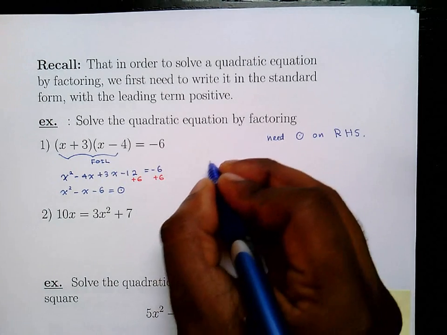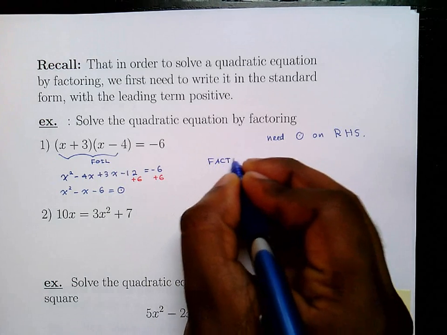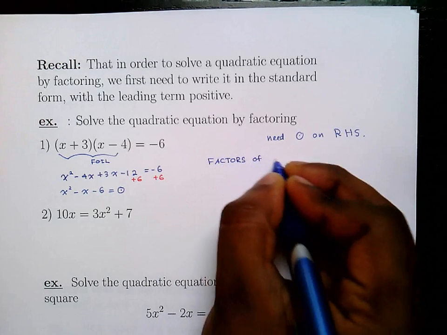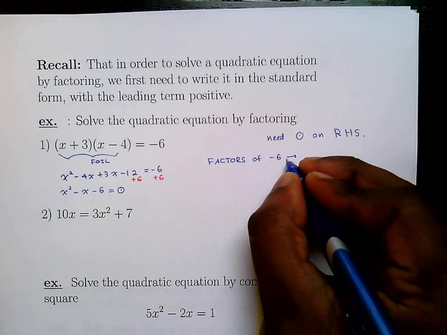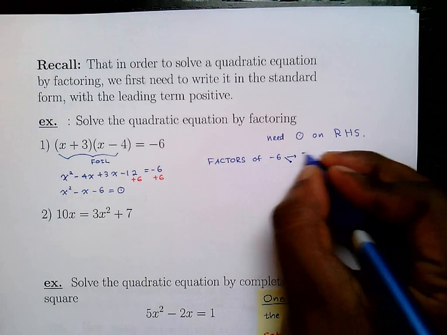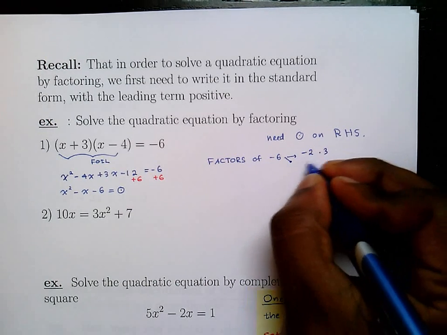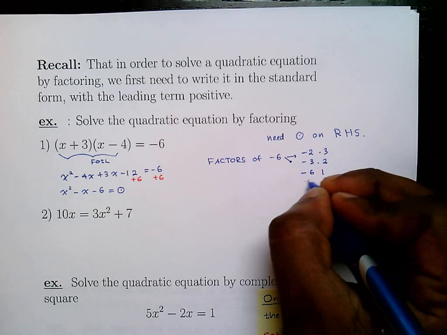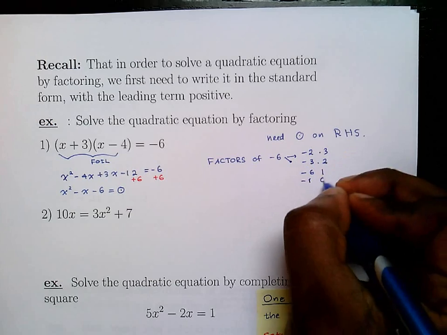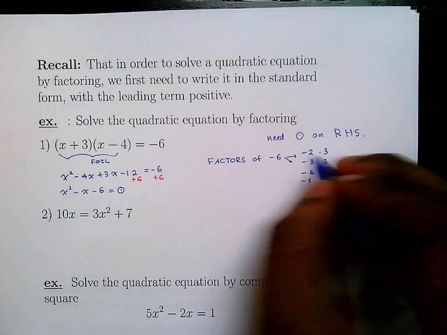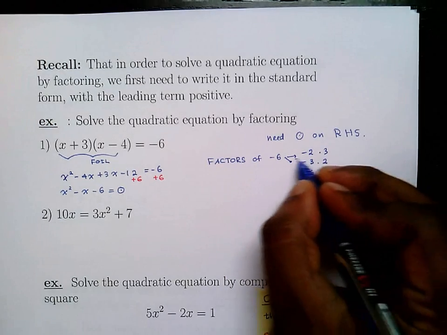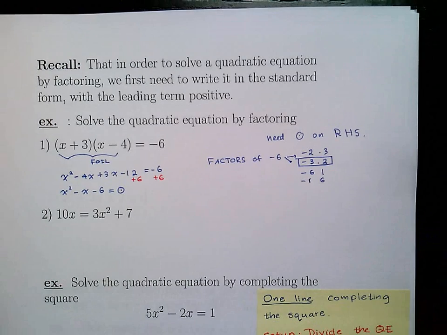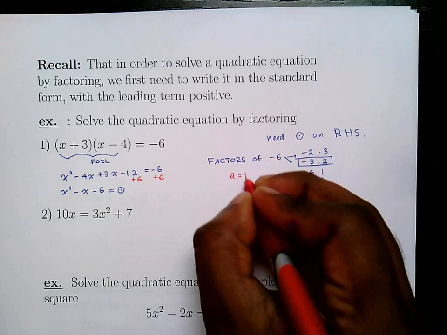So let's find the factors of negative 6, and that would be negative 2 times 3, negative 3 times 2, negative 6 times 1, and 1 times negative 6. And what adds to negative 1 is this. And because a is 1, you can shortcut.